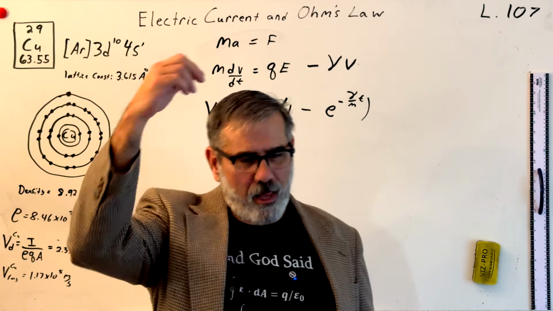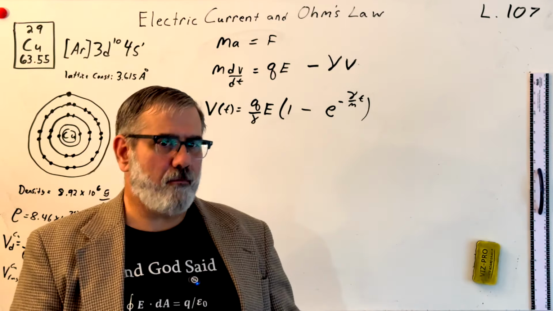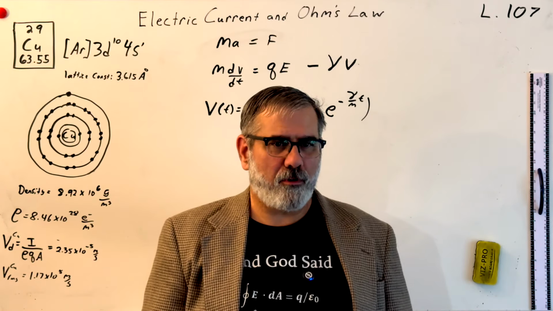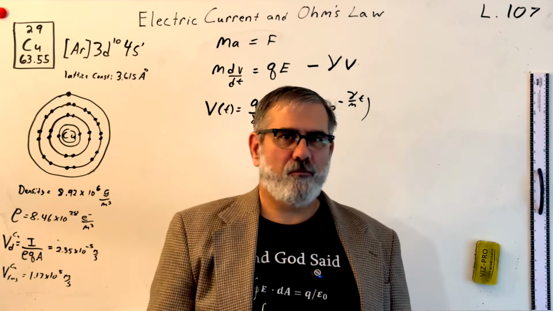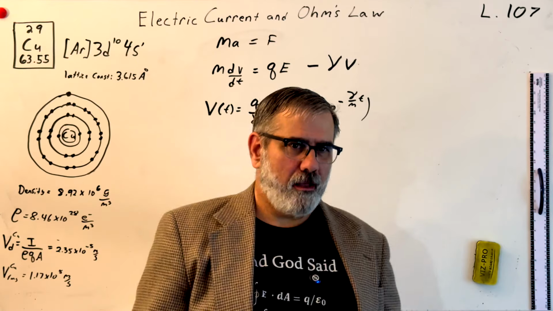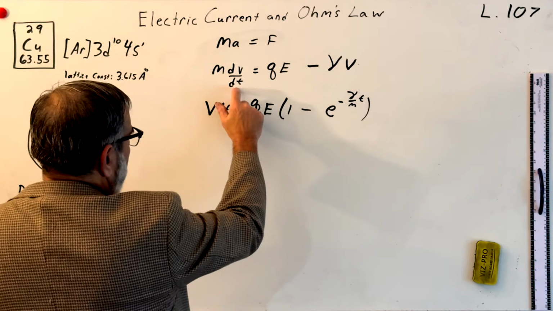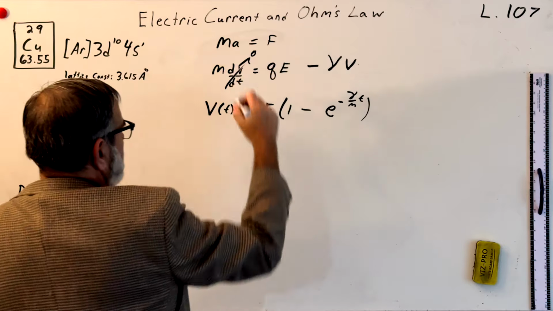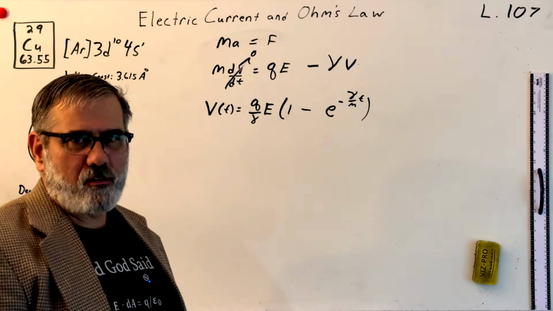So if I drop a ball out of an airplane, yes, it accelerates every second, but at some point the drag force completely balances out the gravitational force, and we fall at a constant velocity called the terminal velocity. So I want to look at the case where the change in velocity with respect to time is zero, the velocity is no longer changing.